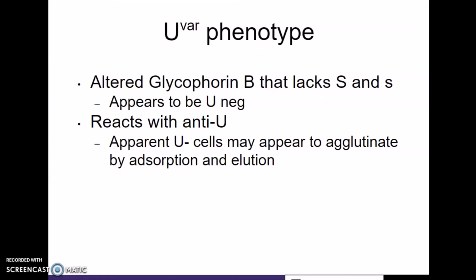However, it reacts with anti-U. So these apparent U-neg cells may appear to agglutinate weakly by adsorption and elution. This is important to consider because when people are getting blood transfusions, they may have reactions with this U-var if they are U-neg with an anti-U.